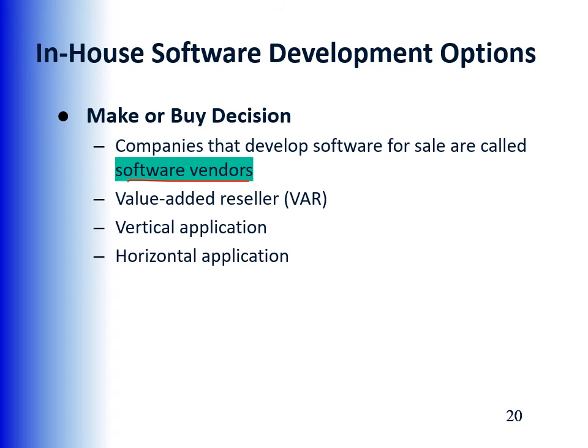Okay, so a vertical application is a software package developed to handle information requirements for a specific type of business. For example, an airline system. Okay? So a horizontal application is a software package that can be used by many different types of organization. For example, an accounting system.